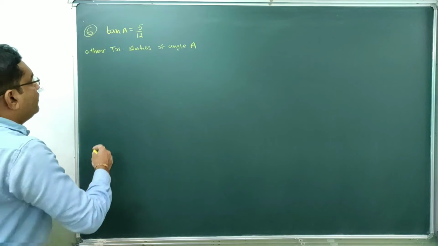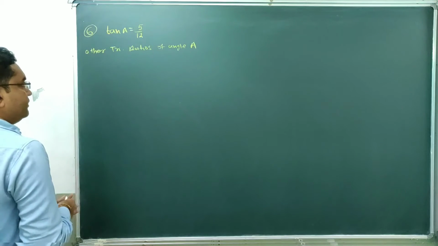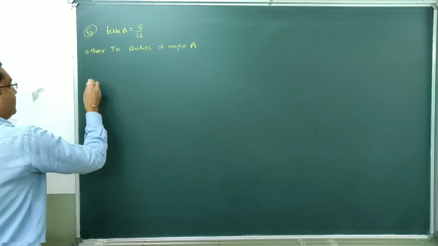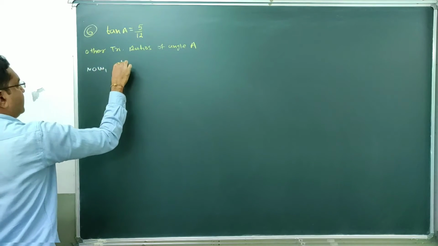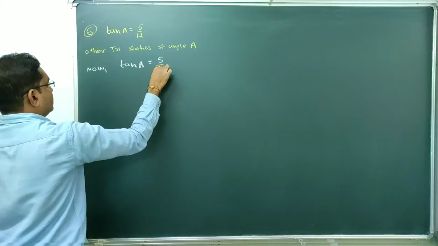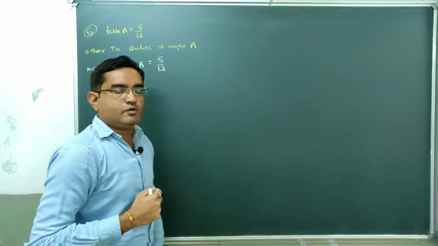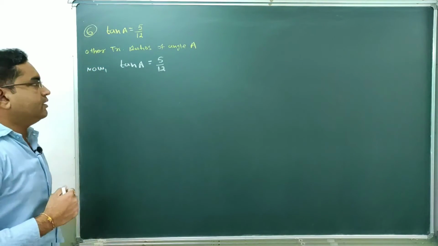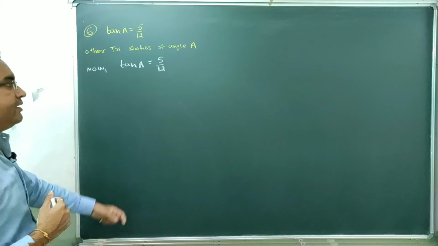So we have to find all other 5 trigonometric ratios by using this tan A. So let's start with given tan A. Only one trigonometric ratio is given, tan A equal to 5 by 12. This type of questions can be solved by using two methods. Two possible methods are there. Done? First by using triangle method and another by using all the identities.